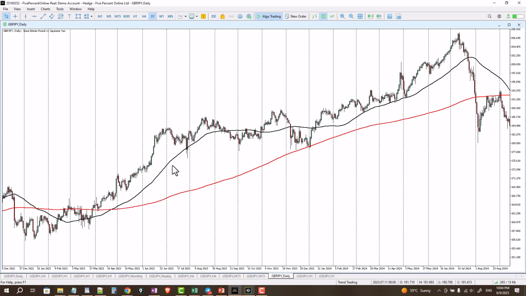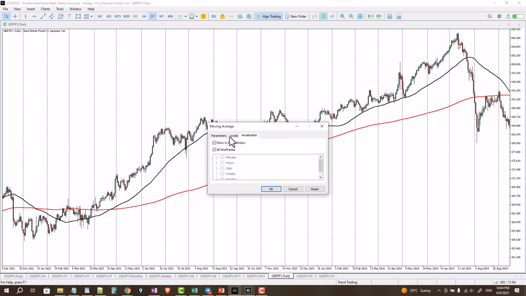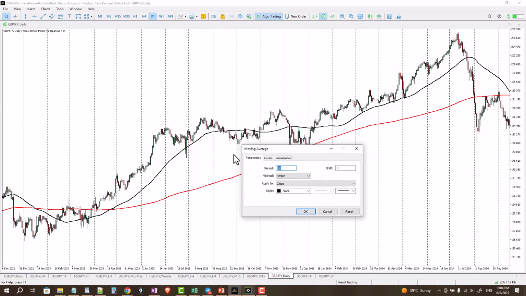So if you apply this to, let me quickly bring the settings here, if you apply it to the close price, this simply means that what the trading platform is going to do is take the last 50 candles and add their close prices one by one. It's going to add the last 50 candles' close prices, and then divide by 50, because that's the number of periods. The value you get is applied like a dot on the chart.